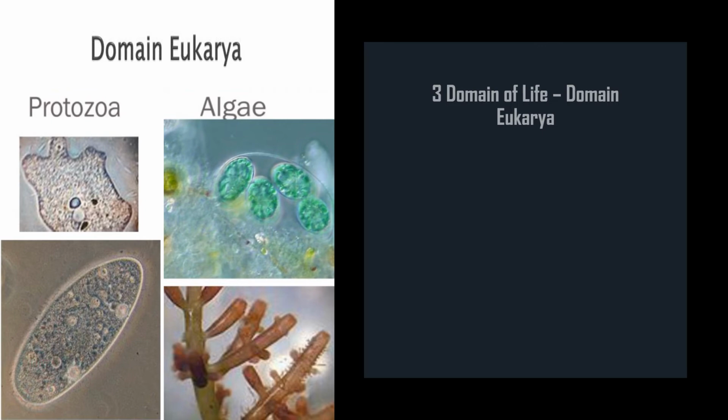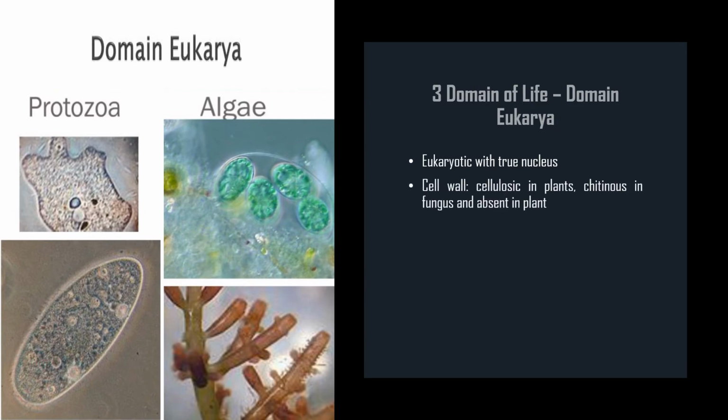Next one is domain eukarya. They have a true nucleus, a cellulosic cell wall in plants and chitinous in fungi, and the cell wall is absent in animals. Cell membrane has ester-linked lipids with proteins.